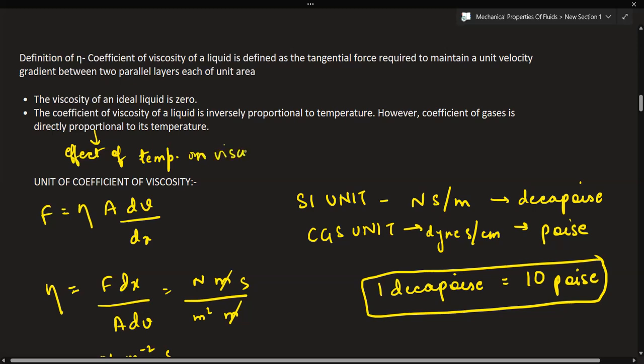On increasing temperature, the viscosity of a liquid decreases, which is inversely proportional. But in case of gases, it is directly proportional. And how it is directly proportional, that we'll discuss in kinetic theory of gases later on in the thermal unit. So is this clear? Yes, ma'am. So note this also.